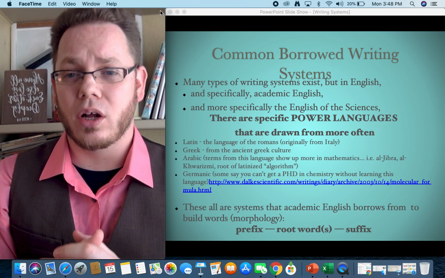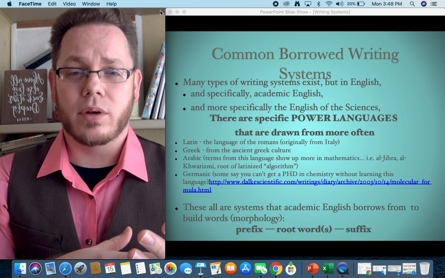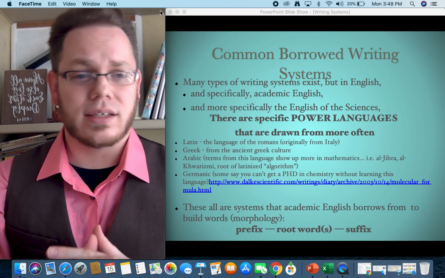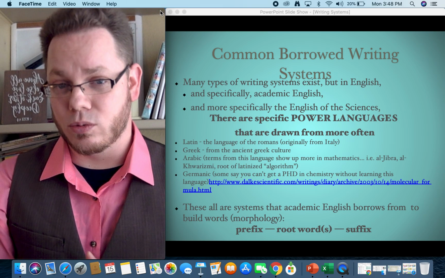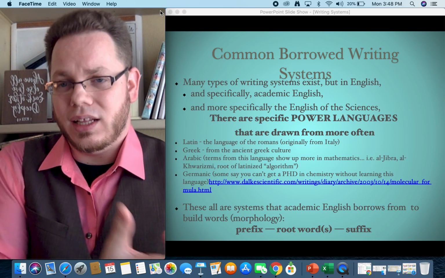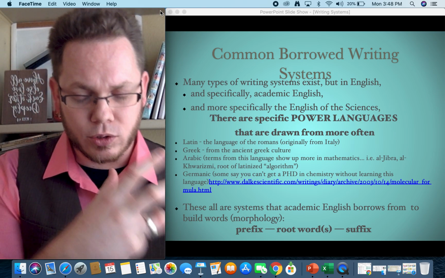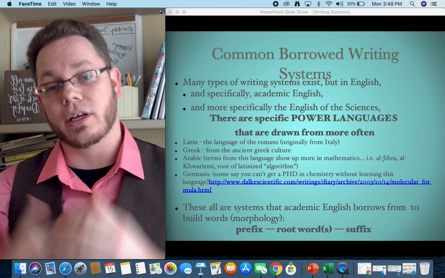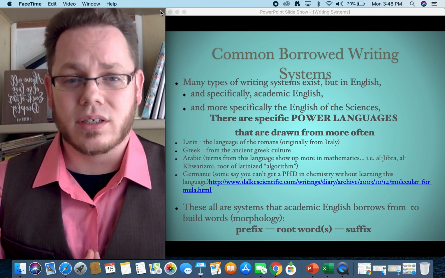We borrow terminology in mathematics from the Arabic languages, terms that show up in mathematics like algebra or algorithm, which is the root of a Latinized form of algorithm. We get language for mathematics from some Arabic scholars in mathematics from a long time ago. So that's one of those reasons.